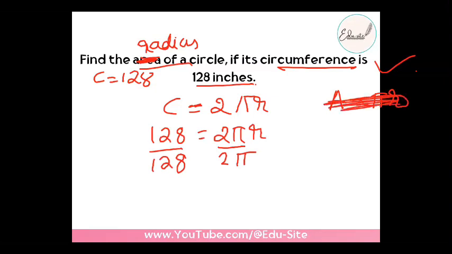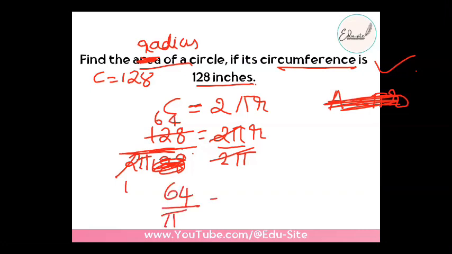We'll see the rest later. Now just tell me, 128 by 2 pi, right? What did we just do? Yeah, so 2 pi cancels out. 2 how many times is 128? 64. So 64 over pi is equal to radius. What is the radius actually?